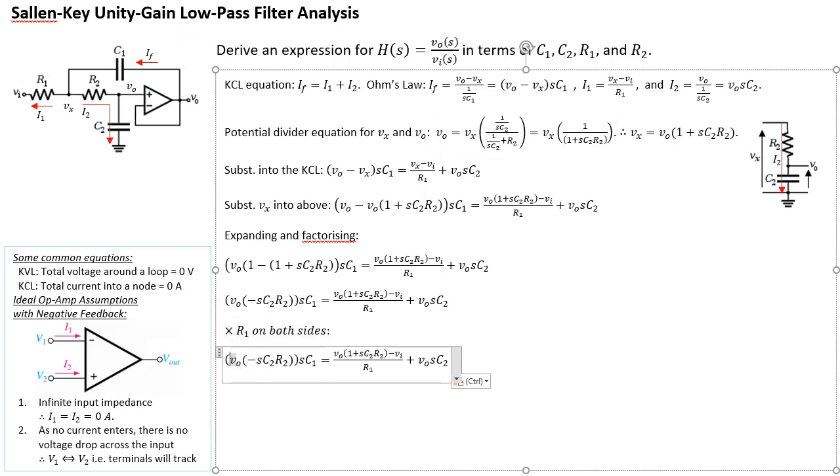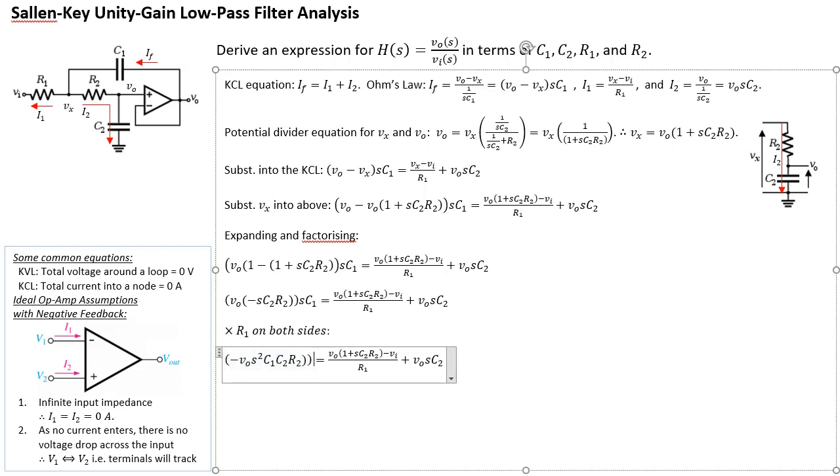So I'm going to get a negative VO, and the S is going to be S squared because you have two S's here, one inside and one on the outside, and then you're going to have a C1 here. I'm just arranging it in some kind of order, and that's it. These guys don't exist anymore.